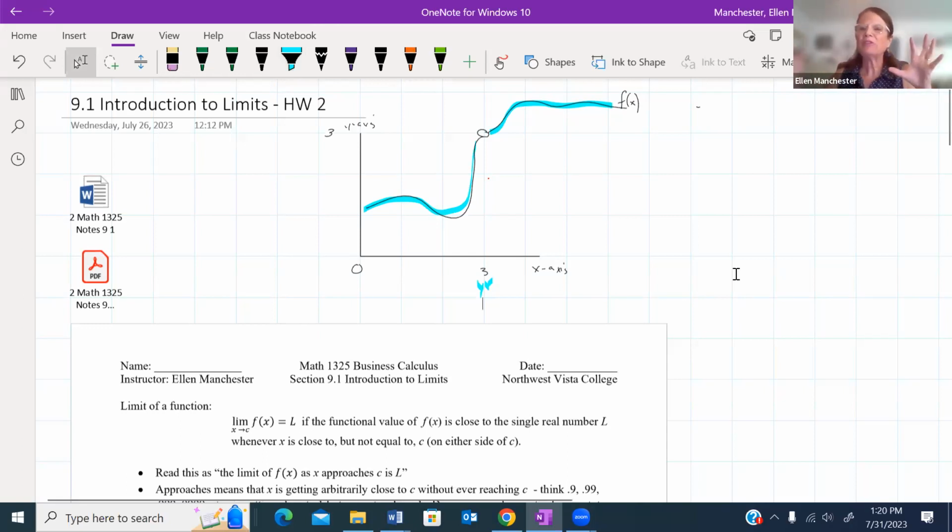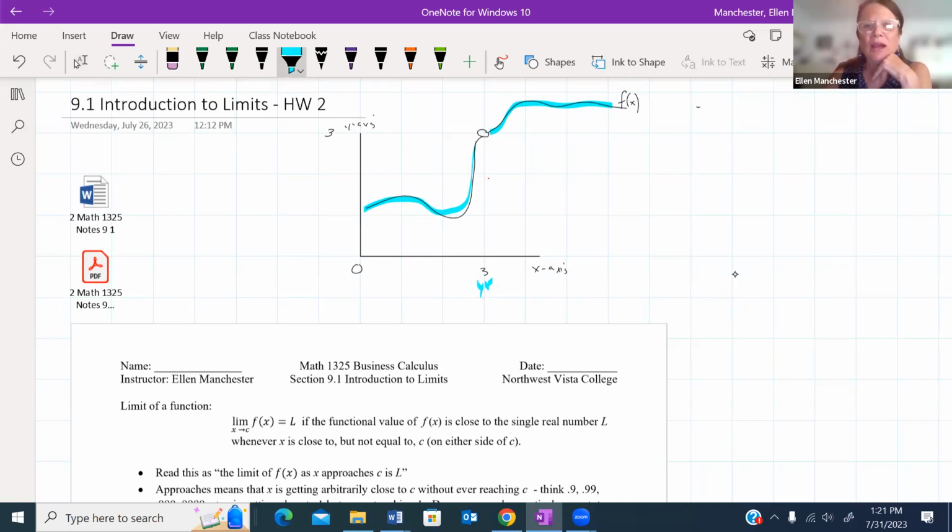So that whole concept of what's going on around a particular point is called a limit, L-I-M-I-T. So that's the idea of what a limit is. A limit is, what is the value as we're getting towards 3?